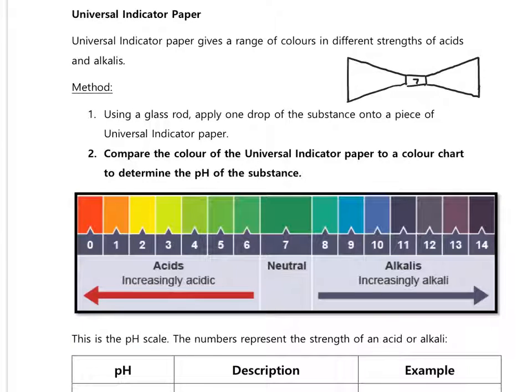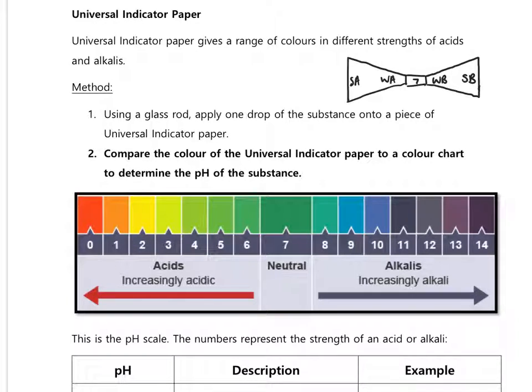So we can say the pH scale is a bit like a bow tie, strong at either end and getting weaker as it goes in towards the middle, 7 being the crossover point of neutral. So these are your strong acids, your weak acids, your weak bases or weak alkalis, and then strong bases or strong alkalis. The method of using universal indicator paper is very important.